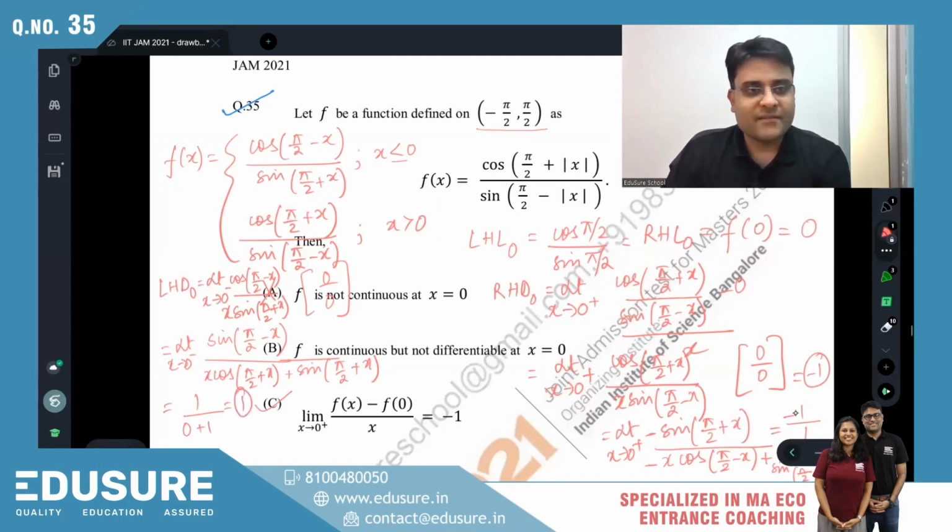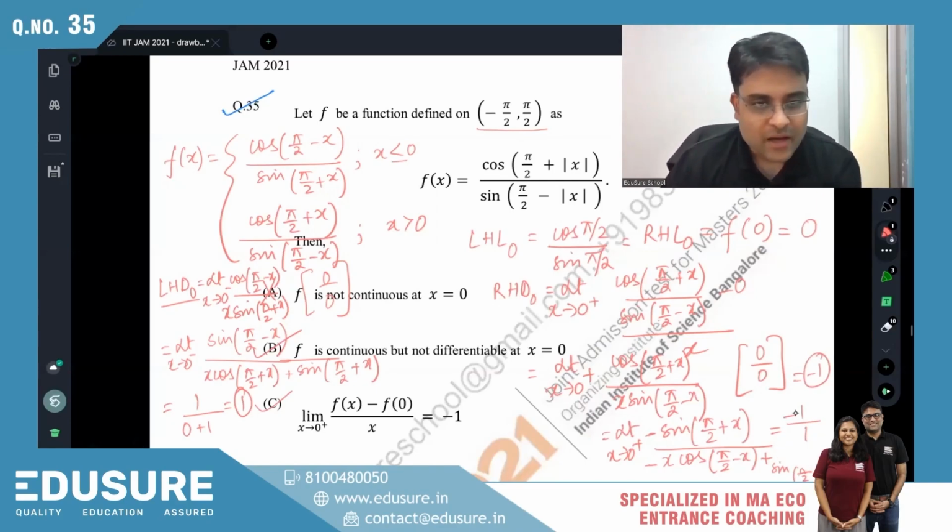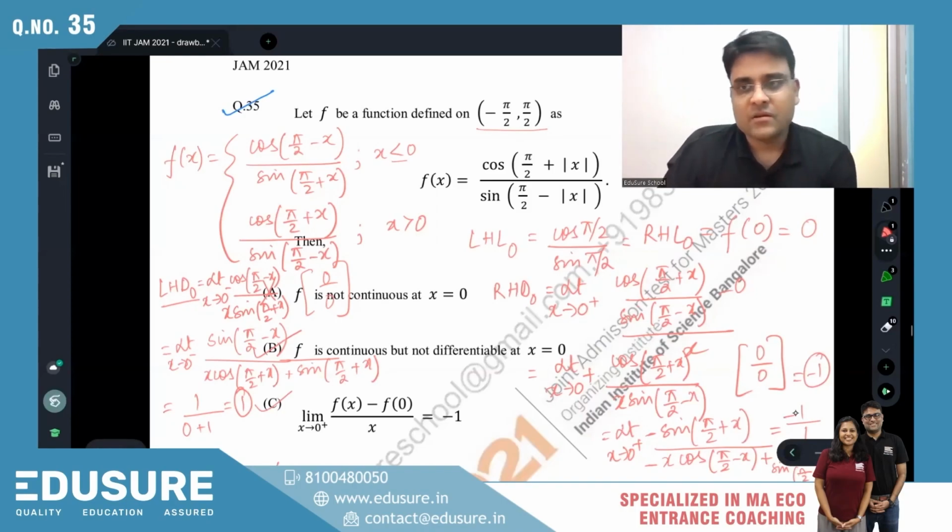So left hand derivative is 1, right hand derivative is -1. So it is not differentiable, but it is continuous. So B and C are both correct. F dash at 0 is equal to -1, ये incorrect है. Why is it incorrect?